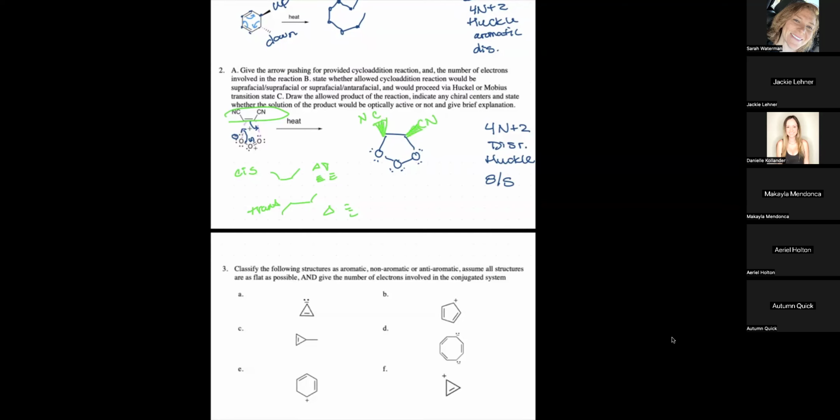And then how many chiral centers do we have? 2. How many? Sorry. 2 plus... Oh, that's okay. So there's 4 chiral centers. So these are all chiral centers. Okay. And what is this?